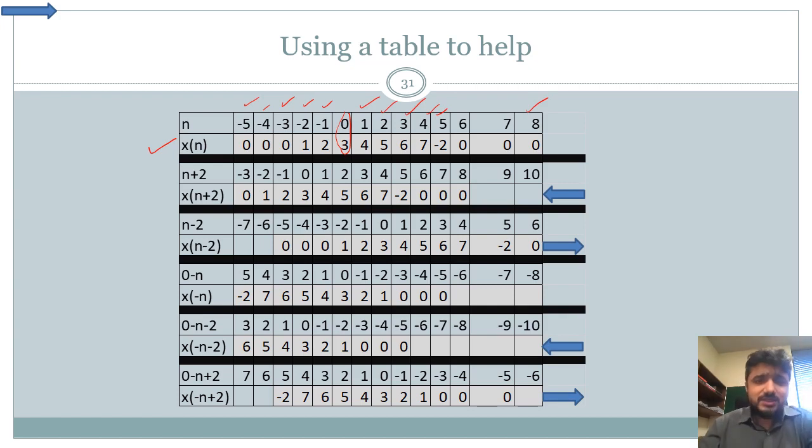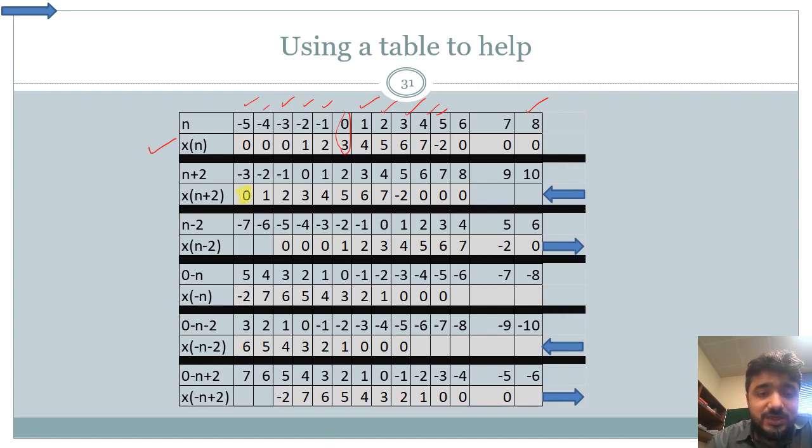Now I want to calculate x of n plus 2. To calculate that, I first calculate the new indices. So I just do an n plus 2. So minus 5 becomes minus 3, minus 4 becomes minus 2, minus 3 becomes minus 1, and so on. Now all I need to do is figure out what I need to put at x of minus 5 at this location.